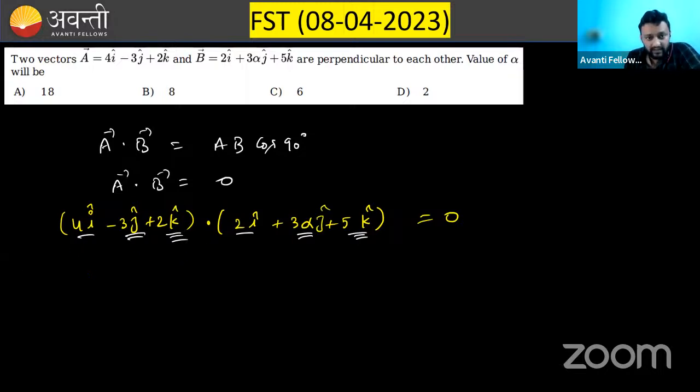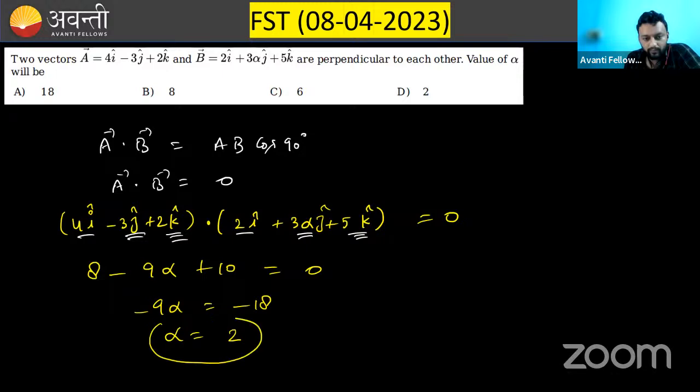So if I multiply I with I, that will be 8 minus 9 alpha plus 10 is equals to 0. So it will become 9 alpha is equals to 10 and 8, 18, that is minus 18 minus 9 alpha. So alpha is equals to 2. I think Gauri has answered D option. Very good, Gauri.